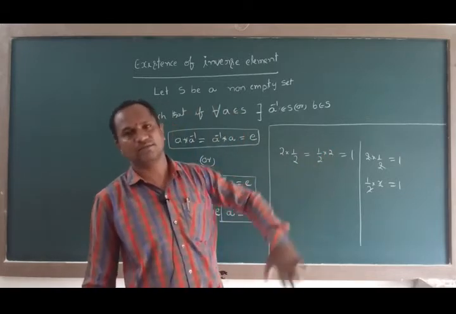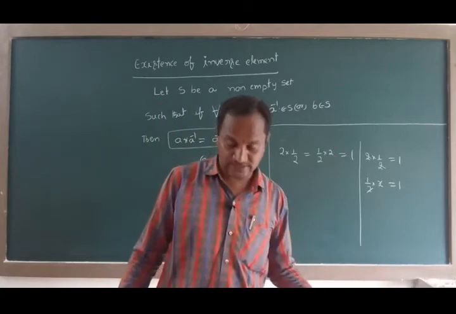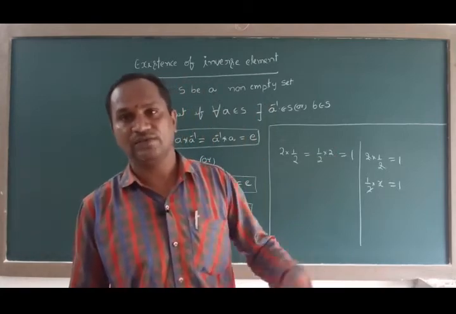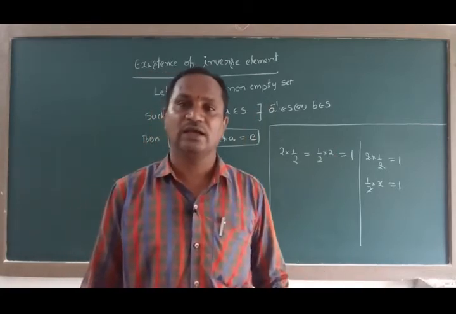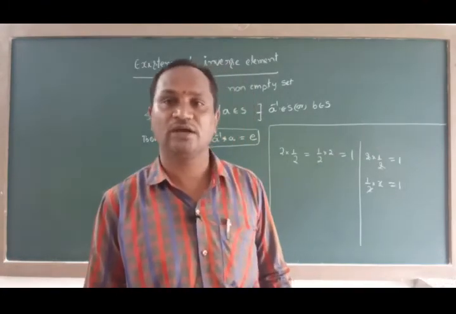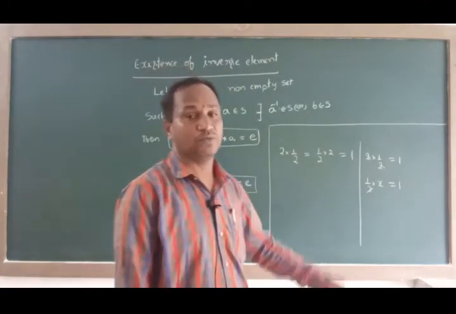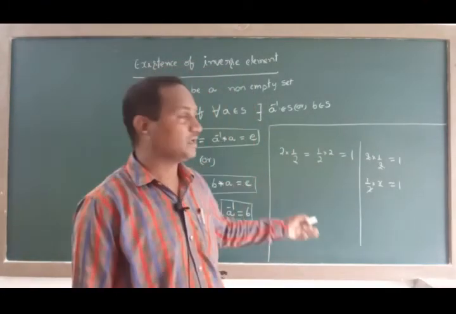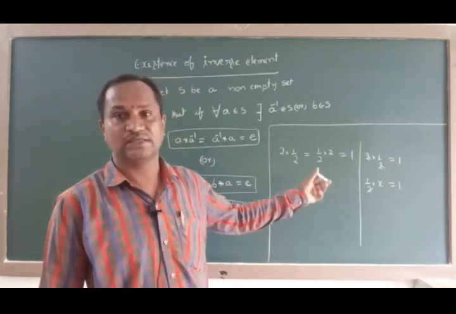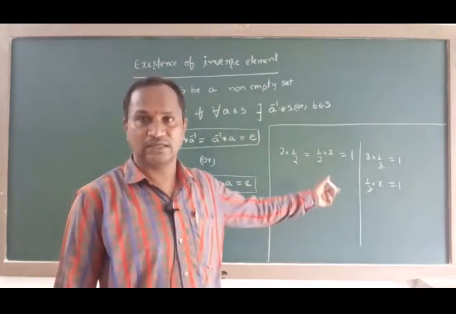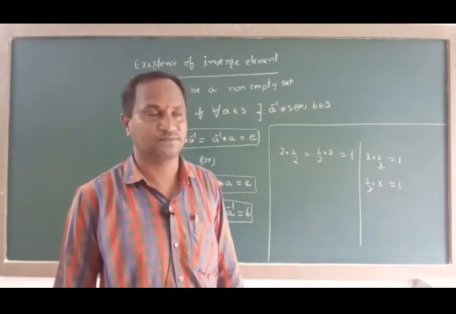Or 3 is an inverse element of 1 by 3 and 1 by 3 is an inverse element of 3. 5 is an inverse element of 1 by 5 and 1 by 5 is the inverse element of 5. Like that, we are giving definitions and at the same time examples for inverse element in case of the set of all real numbers.